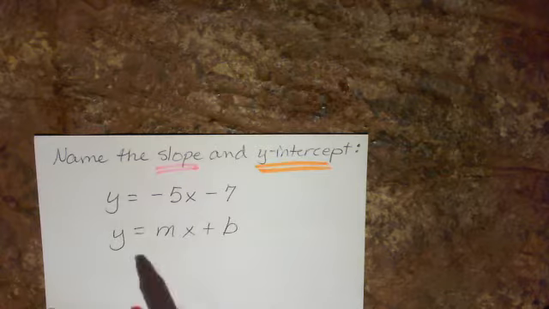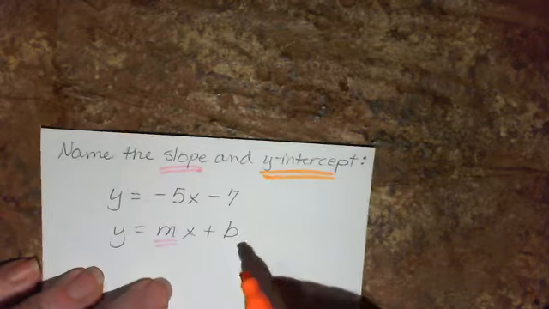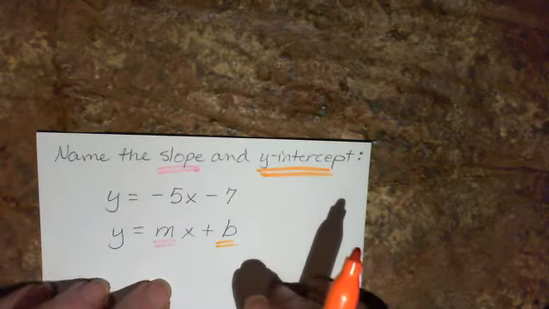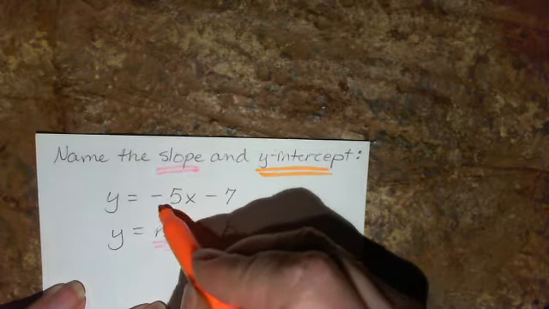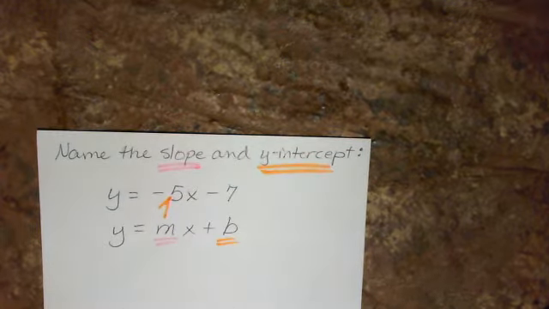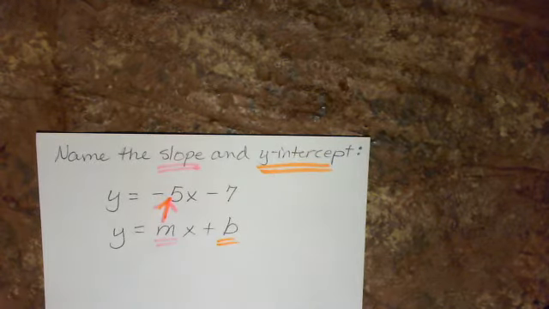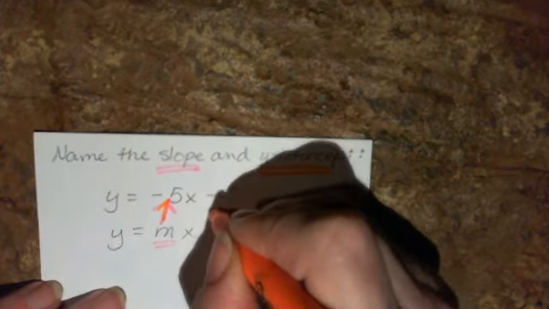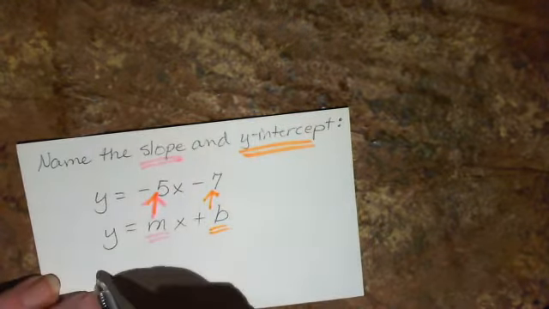And so we already have it in this form, don't we? There's our m for slope, and here's our b for the b value of the y-intercept. So we can see that m is -5, and our b value is -7.